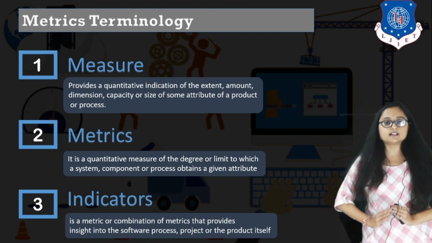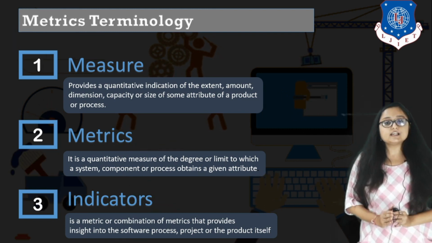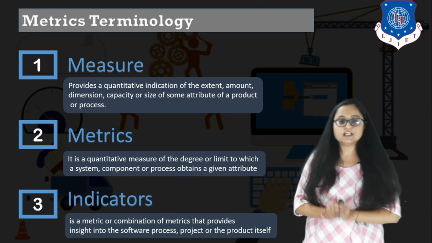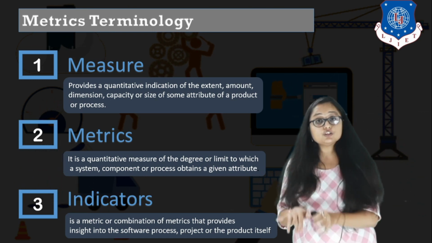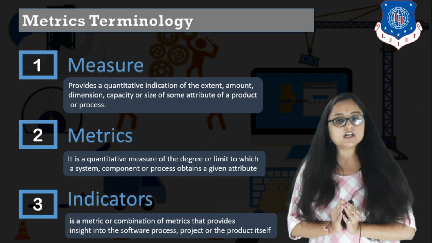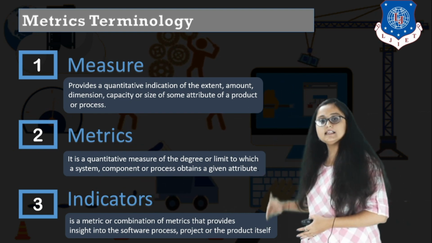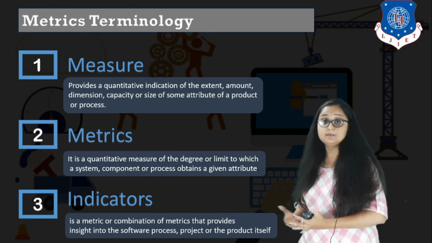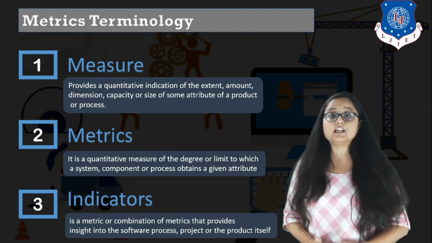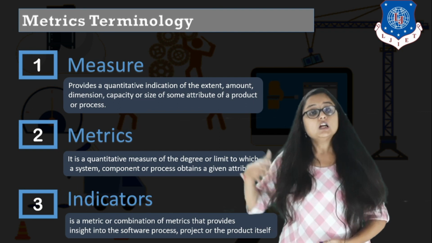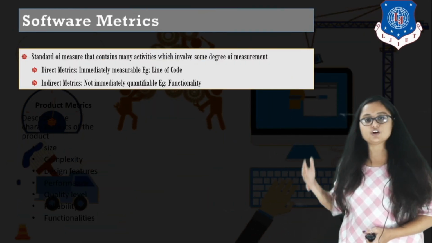So an indicator is nothing but a combination of metrics that provides insight into the software process, project or the product itself, right? So these are the 3 basic terminologies for understanding project metrics. Now let us move further in software metrics.